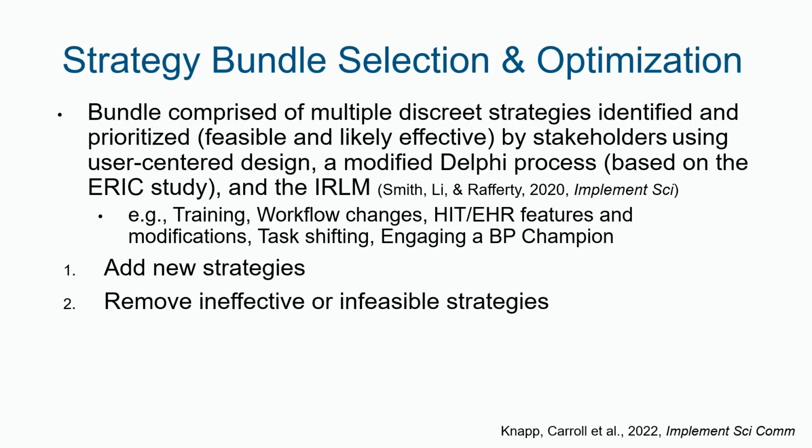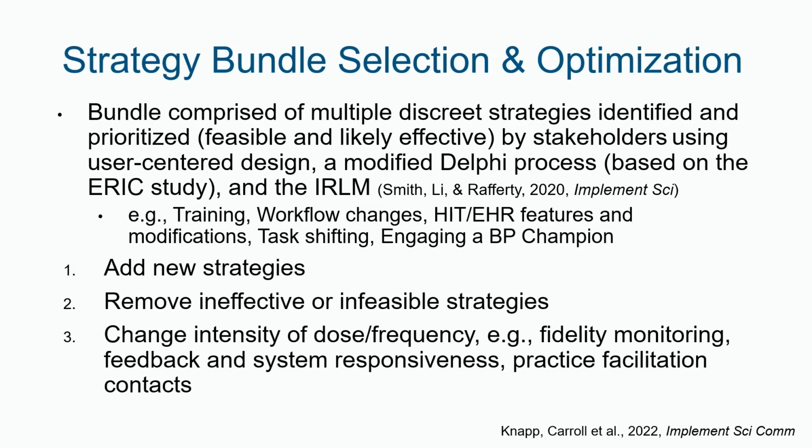So you might learn, as you're implementing initially in a cluster, that something is either not working or we just can't really do it the way that we had envisioned. You can also change the actual strategy itself. So not get rid of it, but you can change the dose, the frequency, the actor who does it. Those are the three main buckets of ways to optimize.